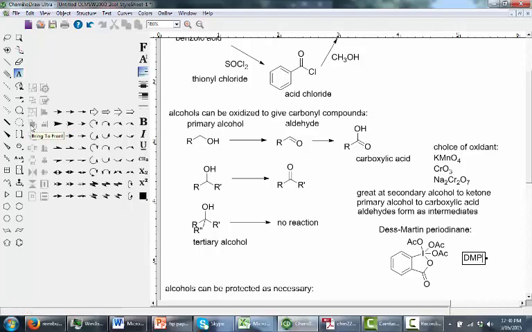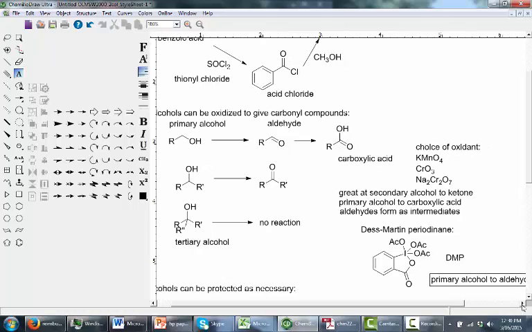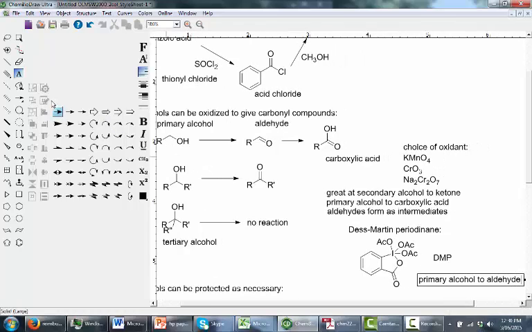What this reagent is, it's not the cheapest reagent by any means, but it is great at doing the mild oxidation of primary alcohol to aldehyde. Primary alcohol to aldehyde.